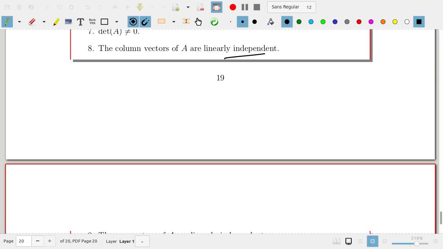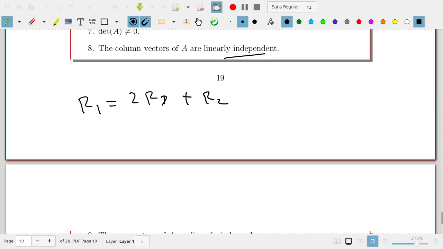For example, if you can express one column as a linear combination of other columns, right? Then what's going to happen is that you'll see that the determinant of A is going to be 0, right?